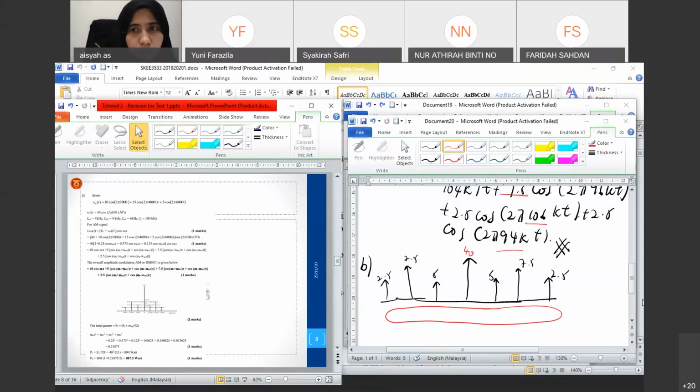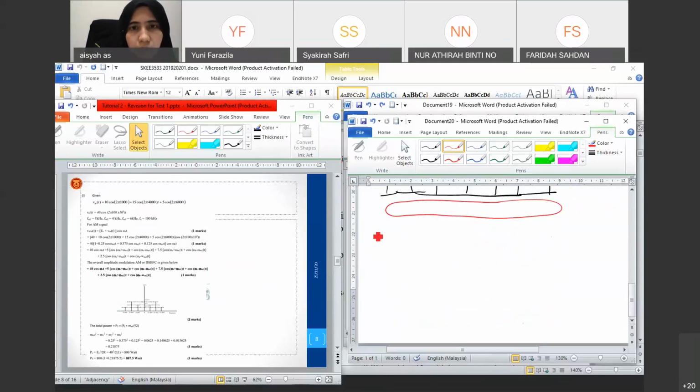The total power is P total equals PC plus P sideband. PC is equal to EC squared over 2R.